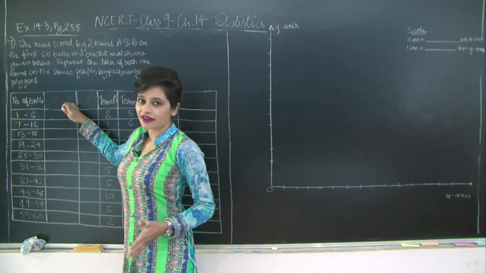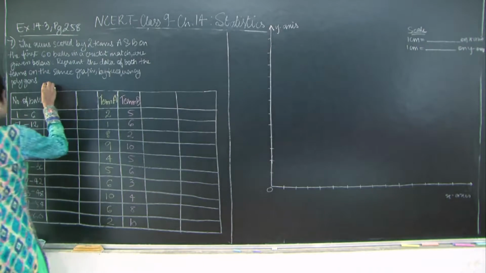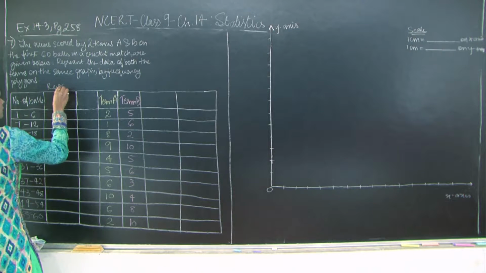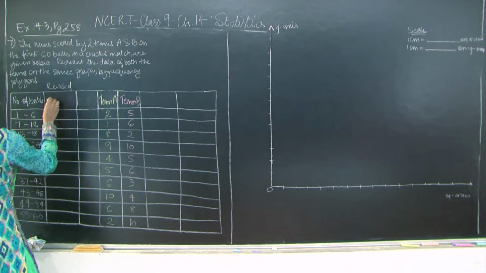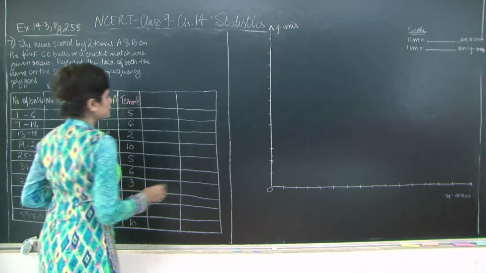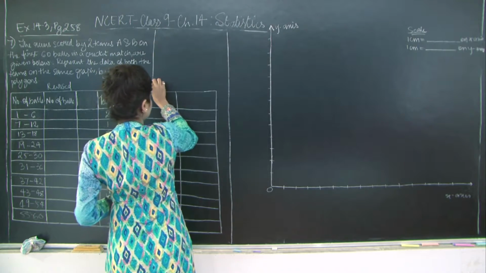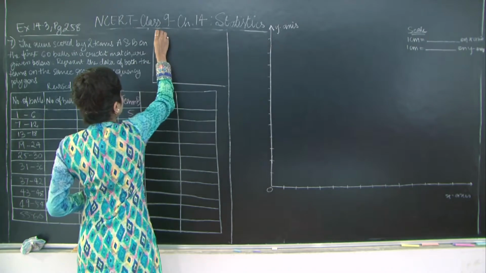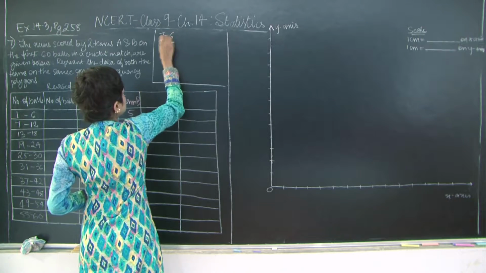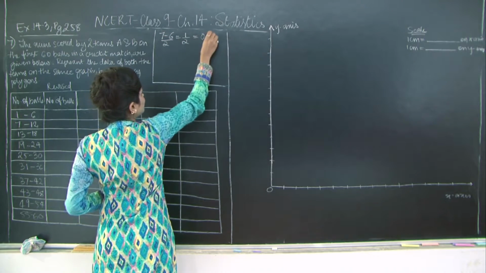So we have to revise our class intervals, right? So I'm just going to say revised number of balls. Okay. So here, just for representation purpose, I have 7 minus 6 divided by 2, which is 1 upon 2, which is equal to 0.5.